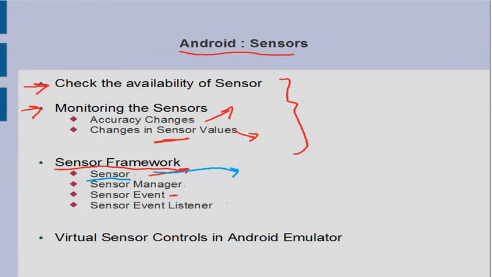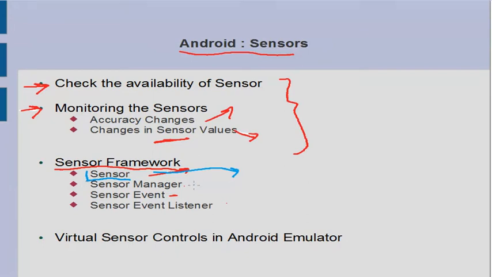This class is like an instance of a sensor. It's like the software representation of our sensor in the device, and this sensor has certain features that will be provided by the sensor class.